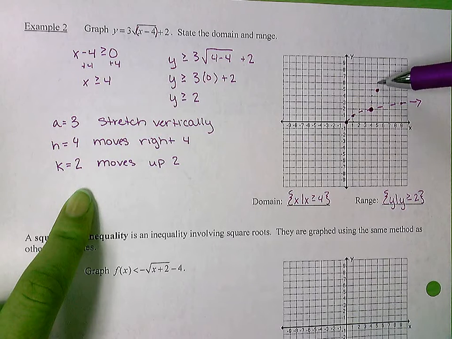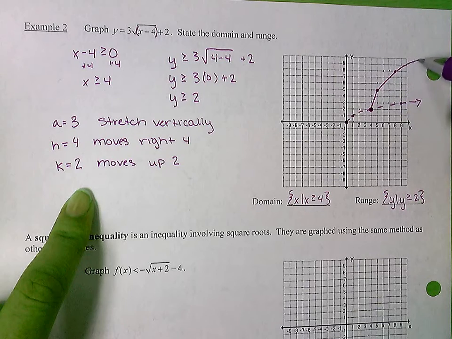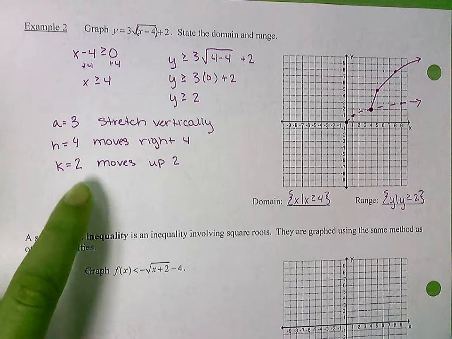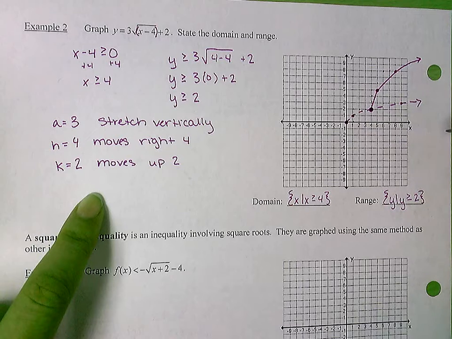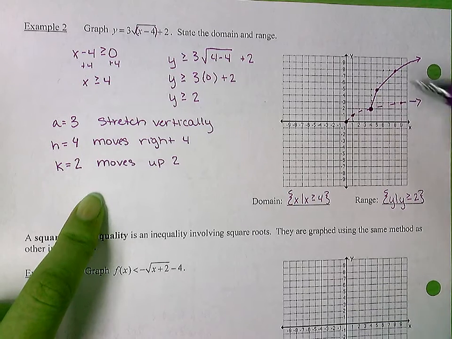Then I'm going to go up 3, then right 3. It goes through 2, 4, right? The parent function? It goes through 4, 2. Yeah. And that's where your new one starts.